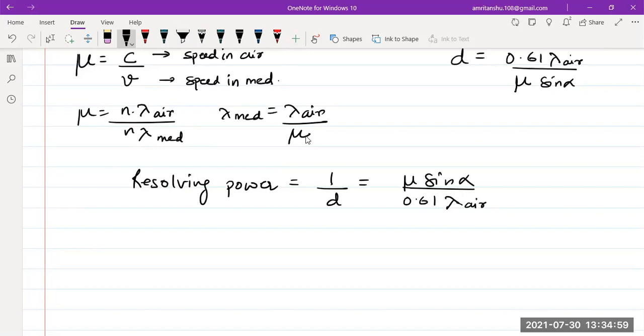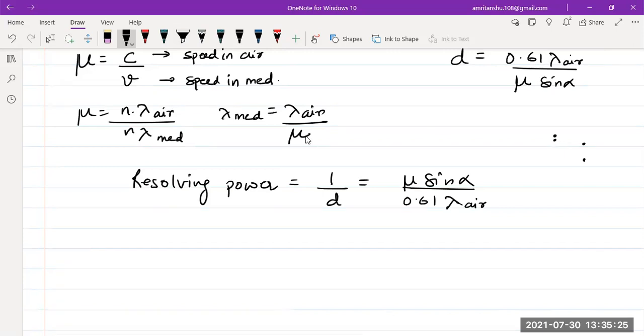Now just try to see why we have put this formula like this. If these 2 points are very close to each other, resolving power will be quite high. If these 2 points are quite far away, resolving power is going to be slightly less, correct? So if 2 points are very close and your microscope is able to resolve them well, you are getting a just resolved image, that means it's a very good microscope.